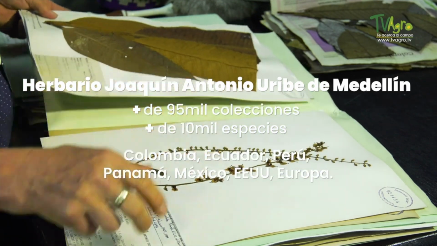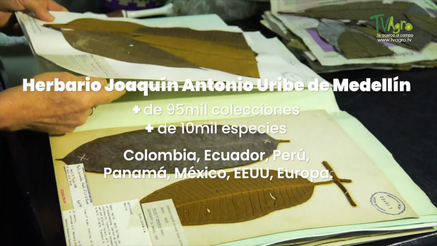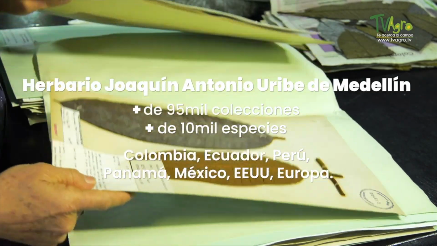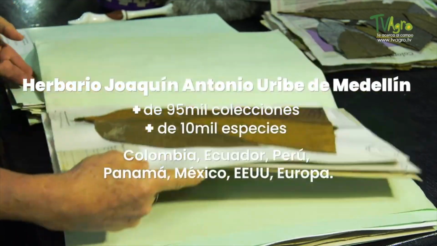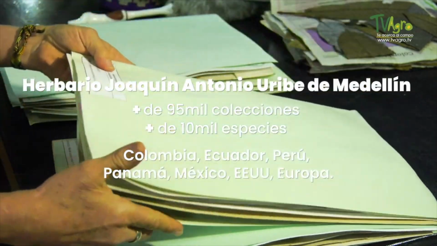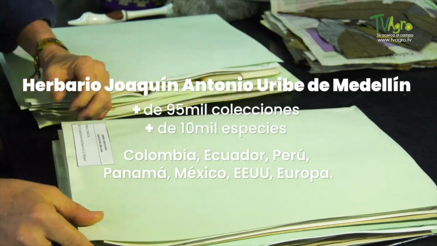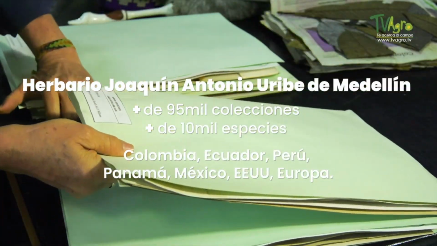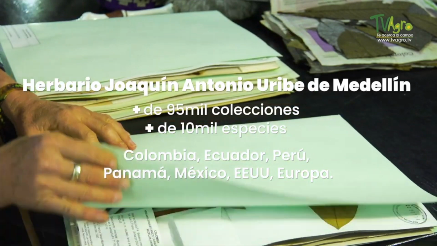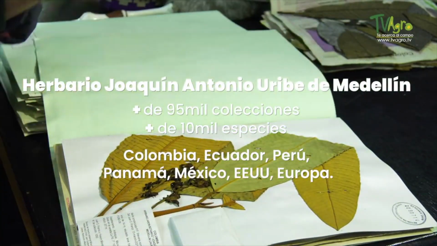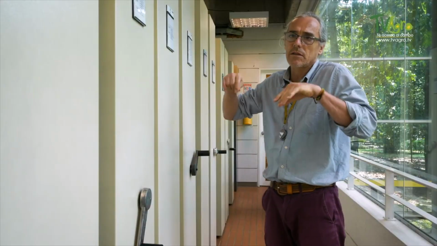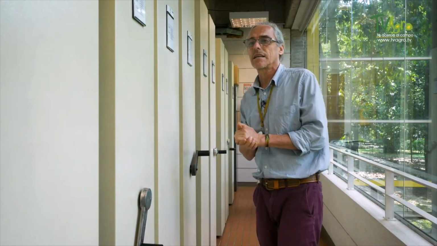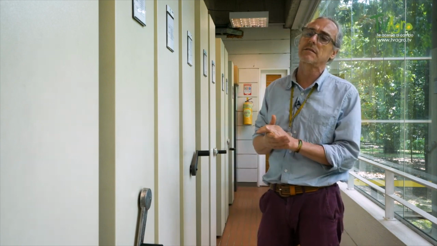There was a lot of exchange at one time with herbaria in Mexico and other herbaria in the United States, which have supported quite a lot of botanical research in Colombia, and some strange ones out there brought to us by Lorenzo Uribe, son of Joaquin Antonio Uribe, who is the one to whom we owe the name of the herbarium and the garden.